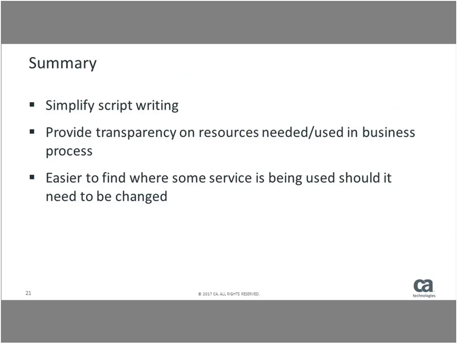If I have it all in that one place, it's easier to interrogate my workload engine for those different job types being used than it is trying to look through wrapper scripts to see where those services might need to be changed.